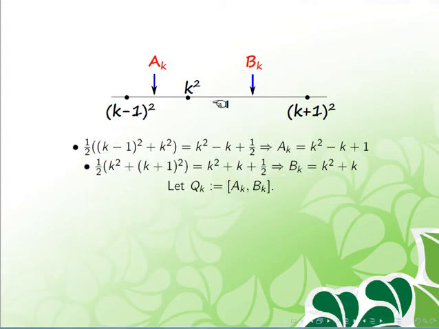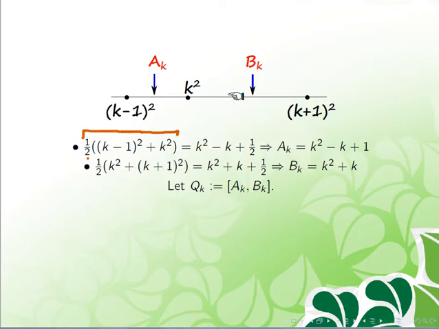Yes, I was wrong about my notation ak and bk. These are not squarish integers; they are the boundary where it's closer to k squared. So to the left is the midpoint of k minus 1 squared and k squared. Those are the two points, and right in the middle would be this midpoint formula.